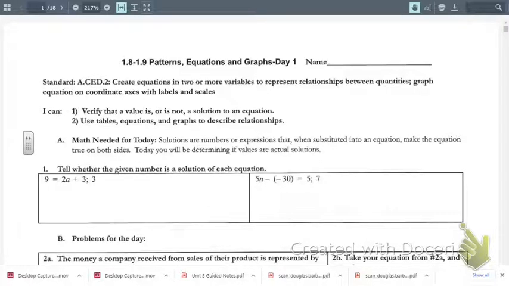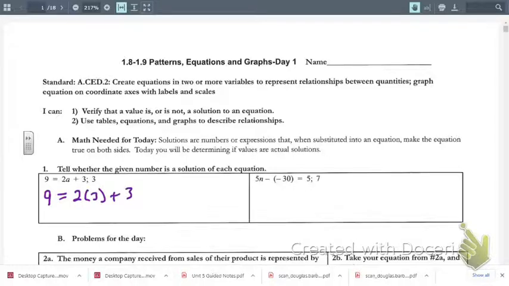All right, for number one, it says to tell whether the given number is a solution to each equation. So in order to determine if a number is a solution, we have to plug it in to the equation and see if it makes the equation true. So we have 9 equaling 2a, but instead of writing the a, we're going to plug in 3.